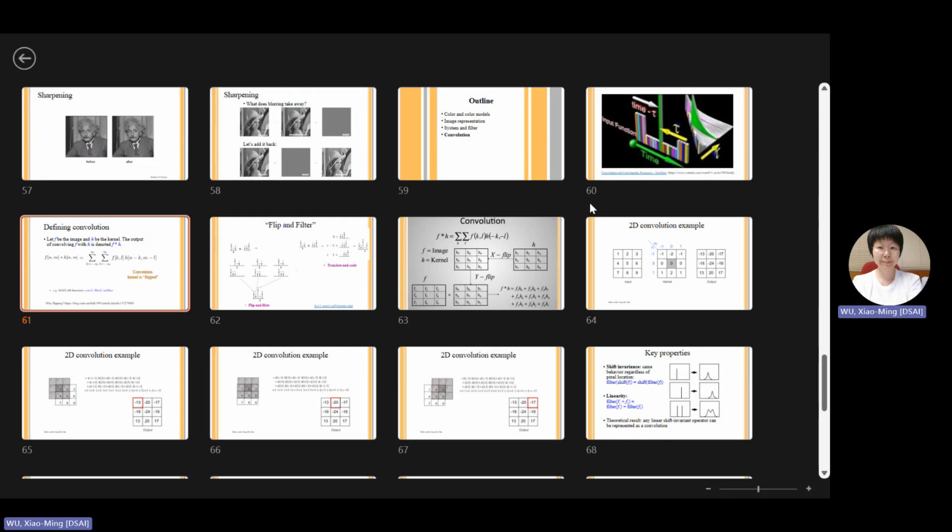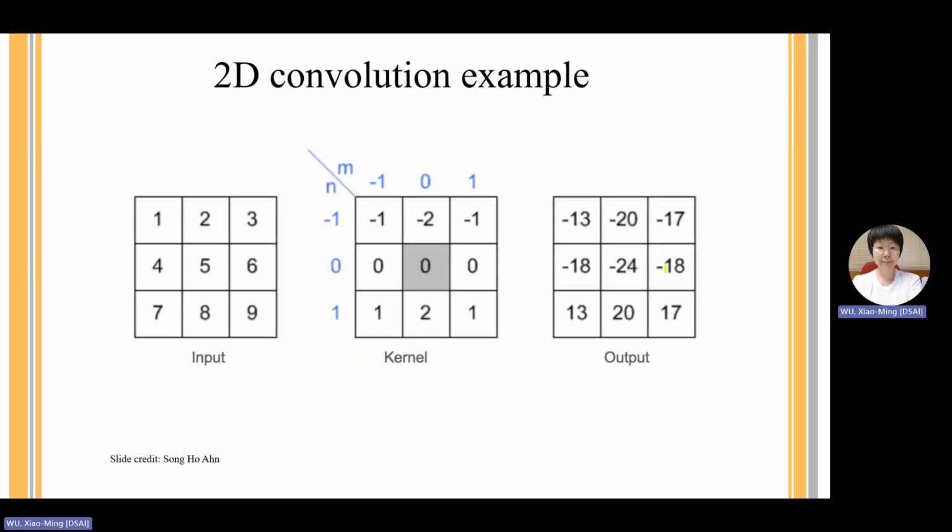Mathematically it's defined in this way. Therefore, when we do actual convolution, we need to flip the filter first and then perform the calculations.